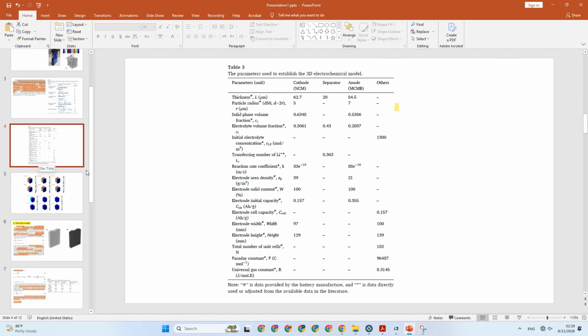Okay, and here the geometry domain we can see: electrode width, electrode height, and what is the electrode depth? I don't know. Width is provided by the battery manufacturer. Width, height, I don't know. Electrochemical.